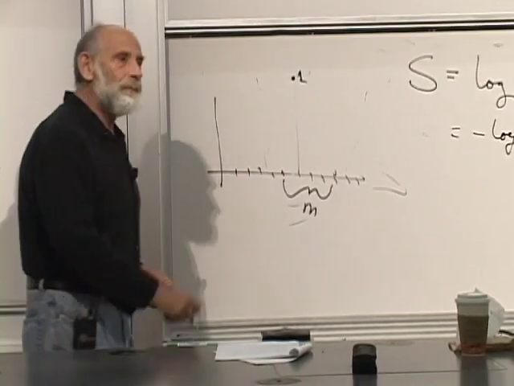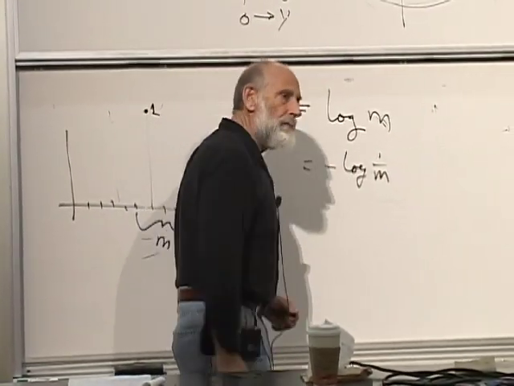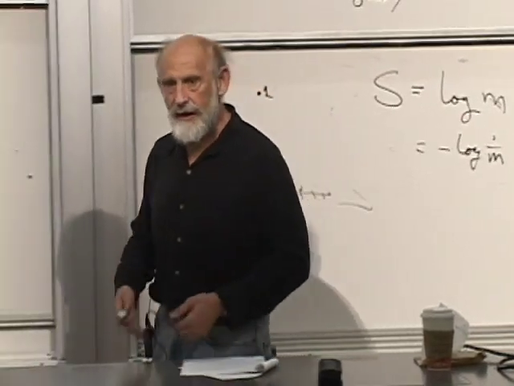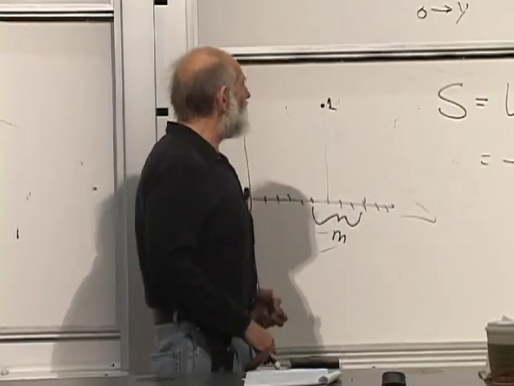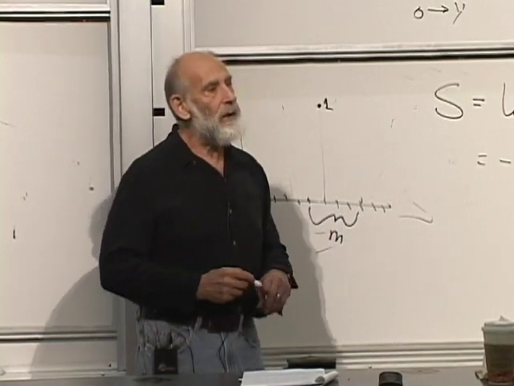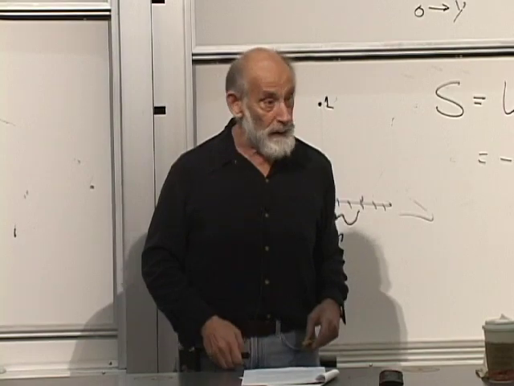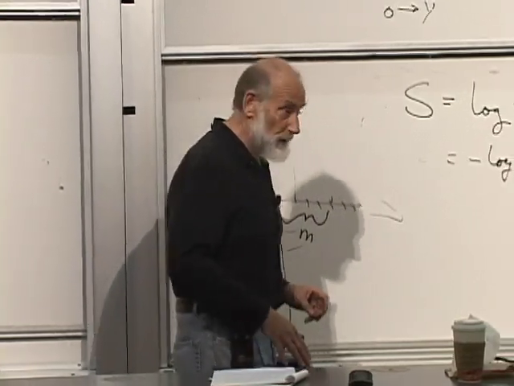What's the entropy then? 0. It's just log of 1, and log of 1 is 0, because e to the 0 is 1. So this is a kind of interesting fact. When you have complete information, that's equivalent to 0 entropy. When you have no information, that's when you have the maximum entropy, incidentally.